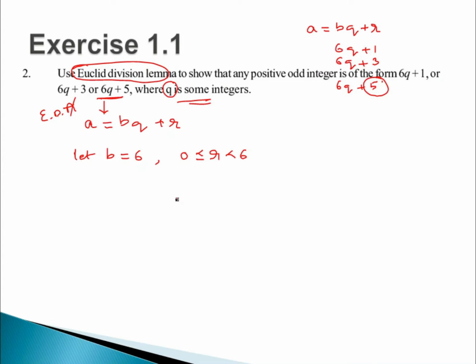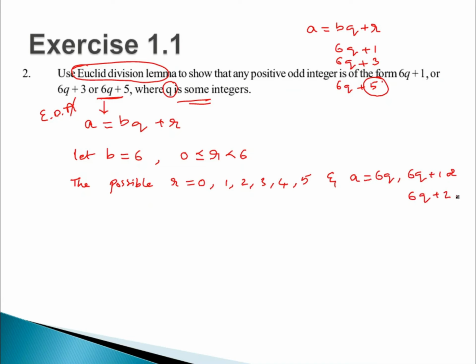So the possible remainders of R are 0, 1, 2, 3, 4 and also 5. Now let A equal 6Q or 6Q plus 1 or 6Q plus 2.